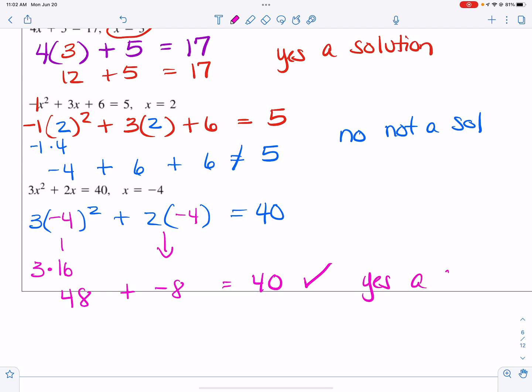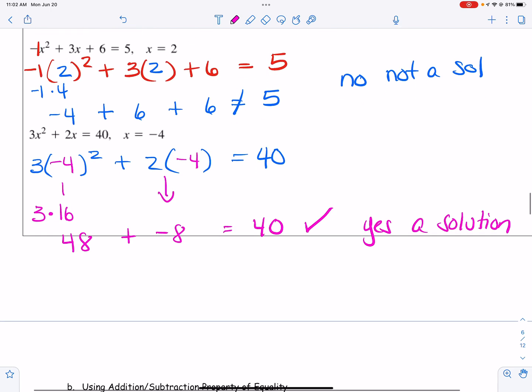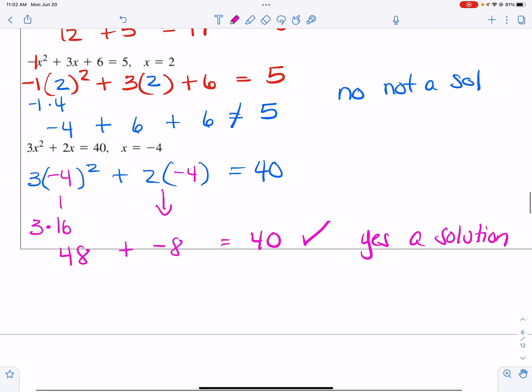So we would say yes, a solution. And that's going to finish up evaluating expressions and seeing if solutions are true solutions in 6.1.